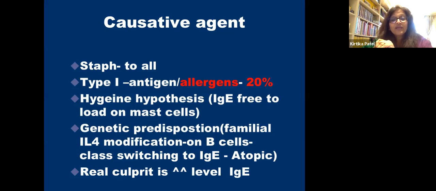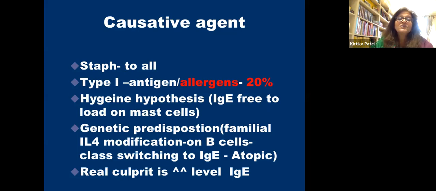Because of that, the babies don't see a lot of allergens or antigens, and hence the IgE is free. Once IgE is free, it loads on the mast cells, and any small thing they see, the mast cells degranulate and cause an allergic reaction.